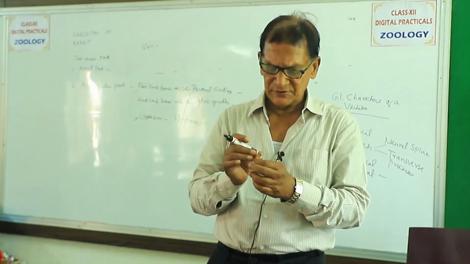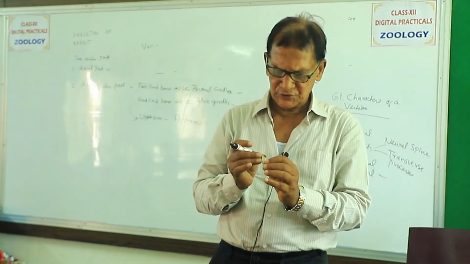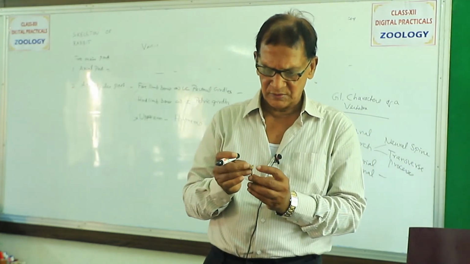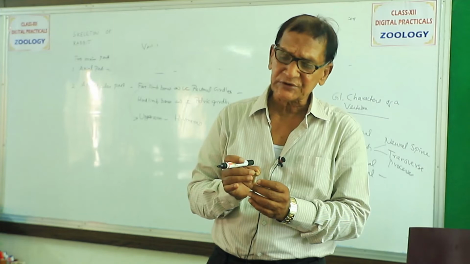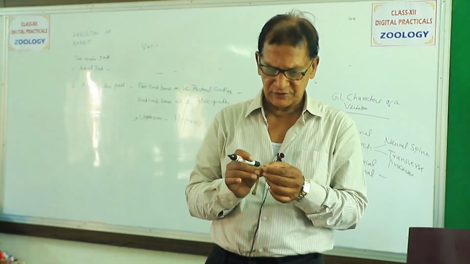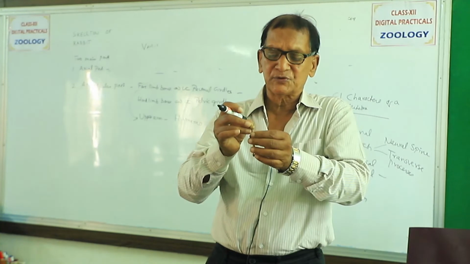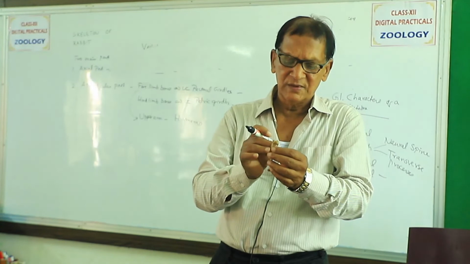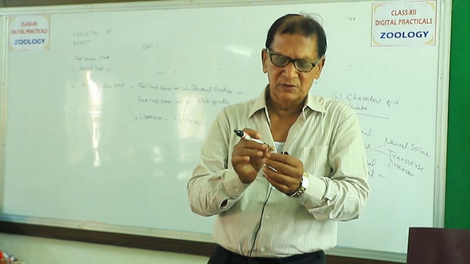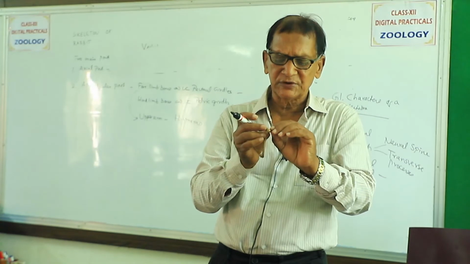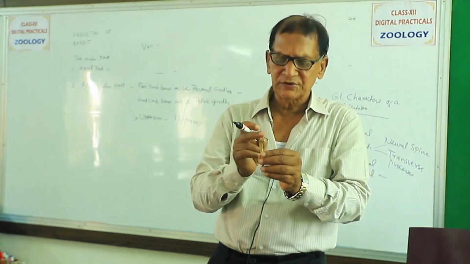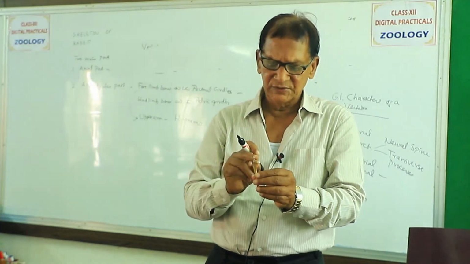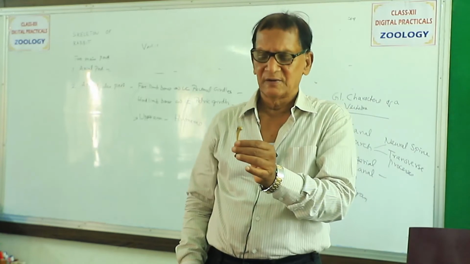So this is the head. Then on either side of the head we have two projections. They are called tuberosities. This is the greater tuberosity, this is the lesser tuberosity, in between which there is a canal, a surface for attachment of the muscles, that is called the bicipital groove.